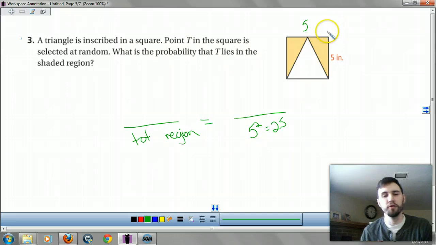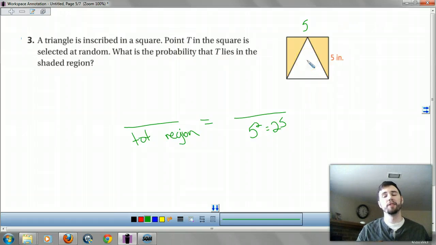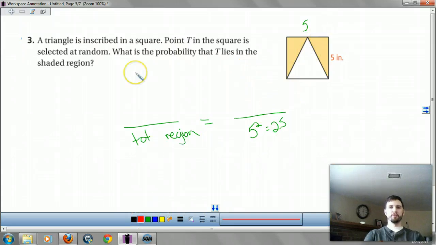Okay? Two ways to do that. One way is to take 25 and subtract the area of the white triangle. The other way is find the area of each triangle, or of one of the triangles, and then times it by 2. Okay? We'll do the latter. So this is what we're looking for, so this would be shaded.